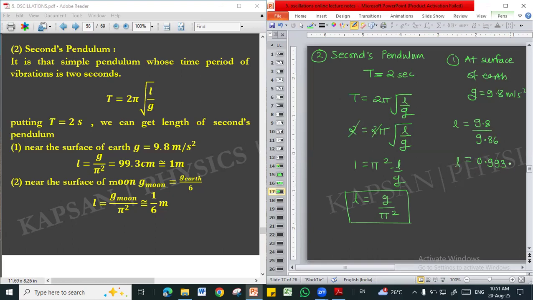So length of the pendulum on the surface of the earth, if you manage it to be equal to 0.993 meter, that is approximately equal to 1 meter, then it will have a period of 2 seconds.